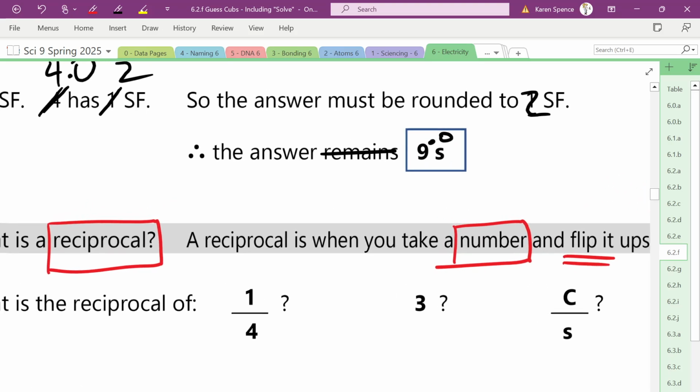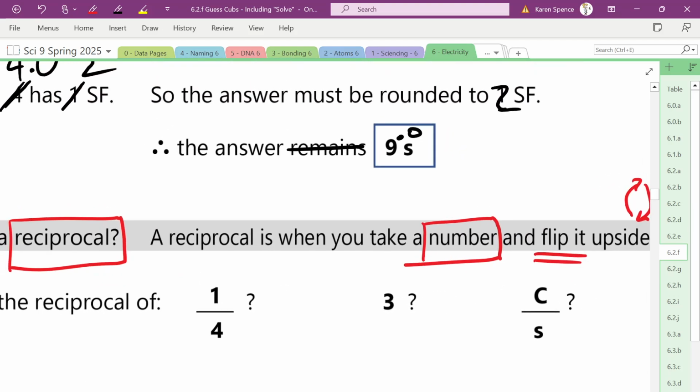So, what is the reciprocal of 1 over 4? 4 over 1. What is the reciprocal of 3? Now, remember, 3 doesn't have anything on the bottom, but you could put it over top of 1. So what is the reciprocal of 3? 1 over 3.